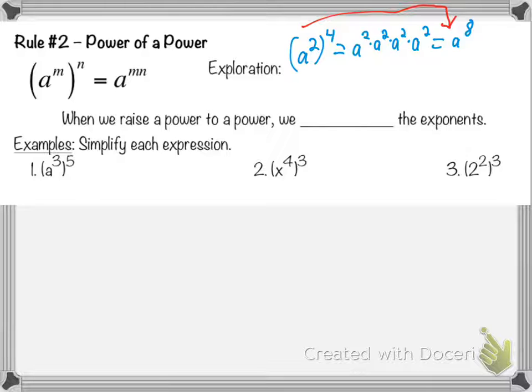Nate. What would we have done with these two exponents, 2 and 4, if we were just going straight from the first to the third part? Multiply them, which is what the rule is saying.